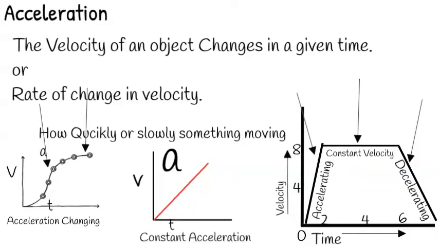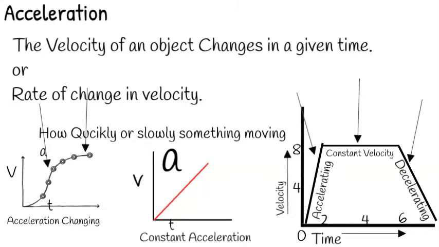So deceleration is produced. Deceleration is basically equal to negative acceleration, and when the body changes its direction, it has negative velocity. Basically, deceleration is equal to negative acceleration.